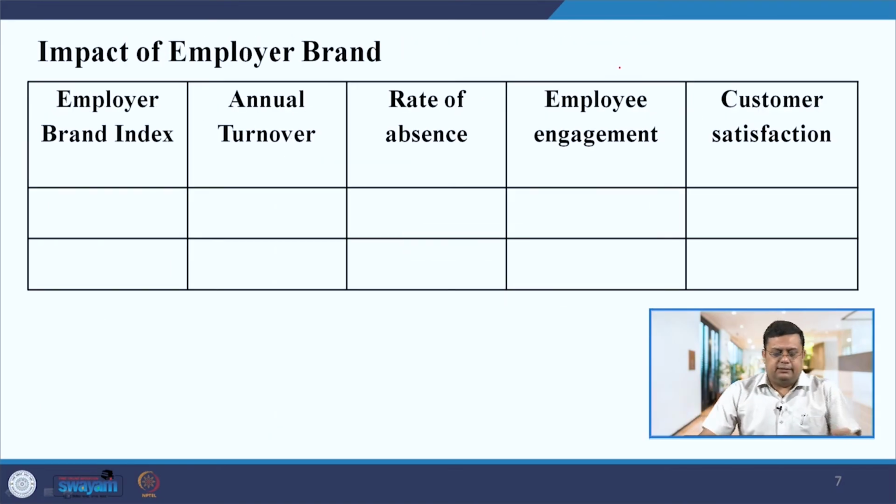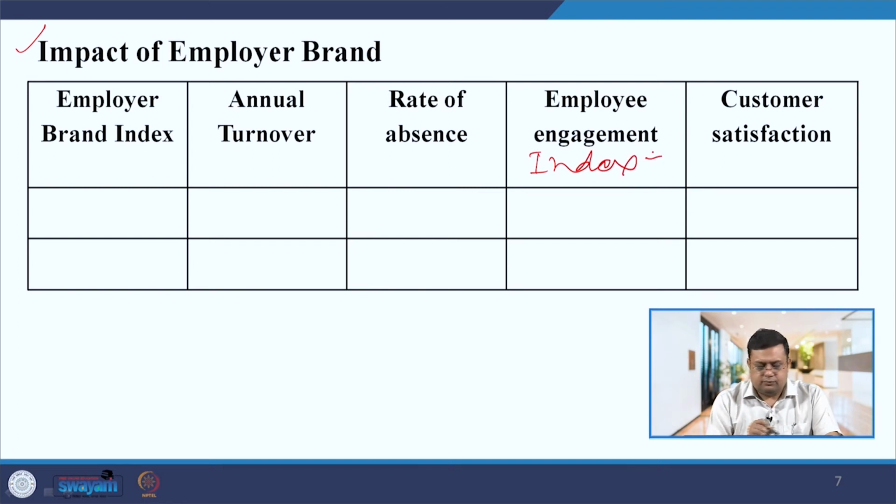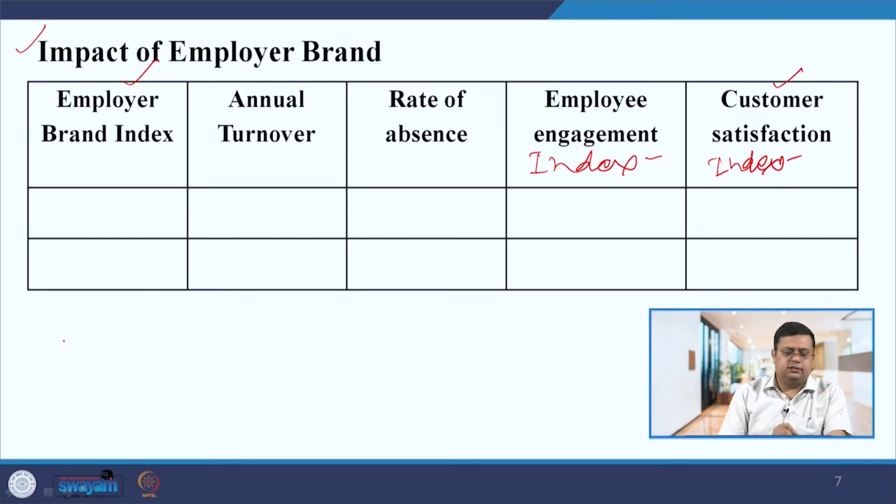If you want to understand the impact of this employer brand, right, then the employer brand index is what you can use. First I would like to tell you that an employee engagement index is there, an employer brand index is there, a customer satisfaction index is there, right? So, what happens in this? Certain questions will be there.